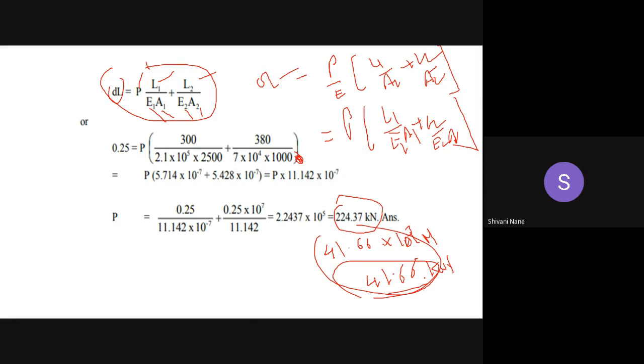Very good. Any problem? Kunal, yes, sir. What is your answer? 41.66. Okay. I think randomly I have checked. Number of students have given the correct answer. In chat message also correct answer 41.66 is given.